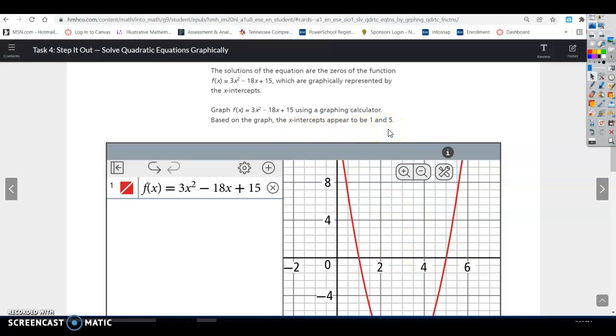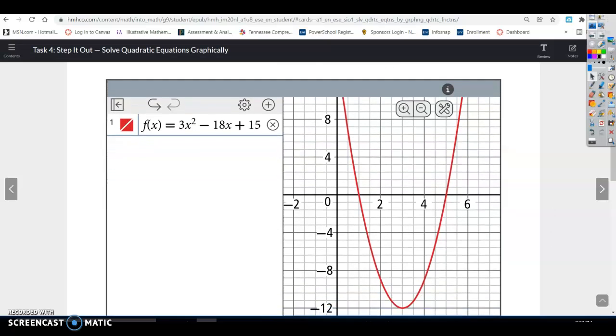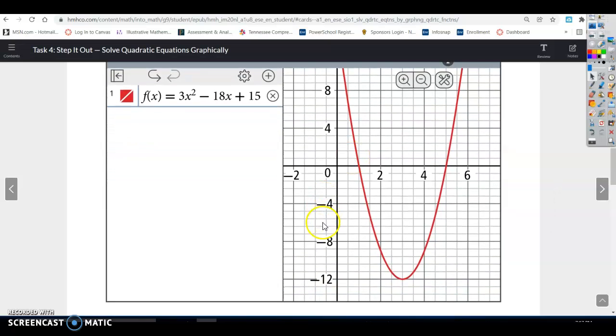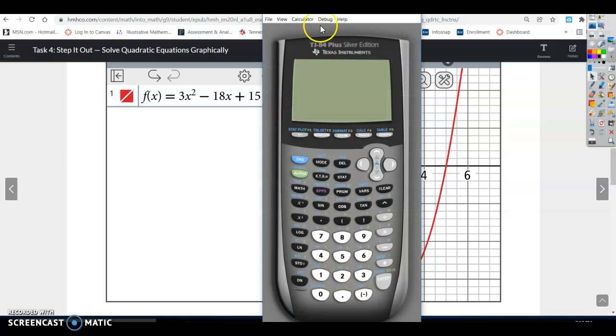Okay? But they want us to verify that to make sure. So if we want to verify that, you can check that by hand or using your calculator very quickly.